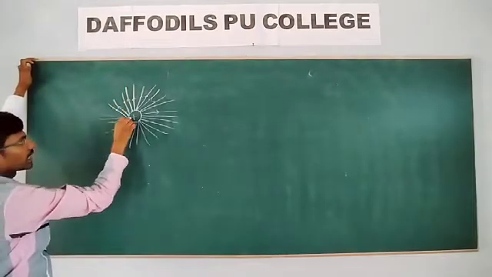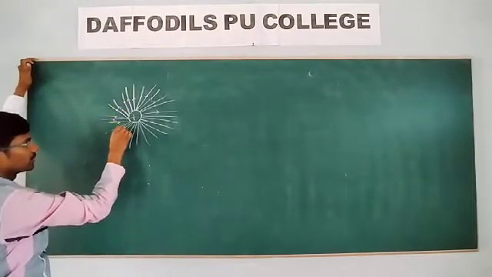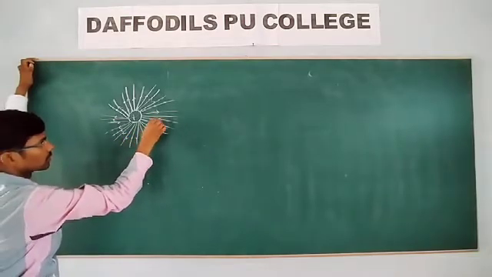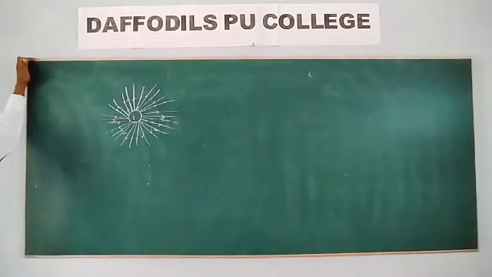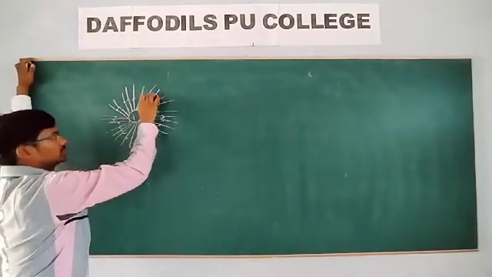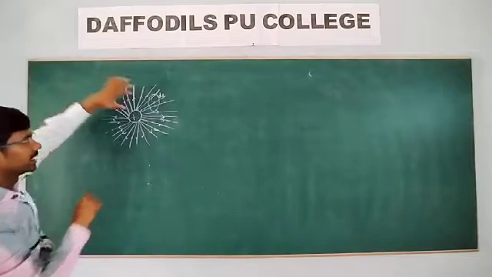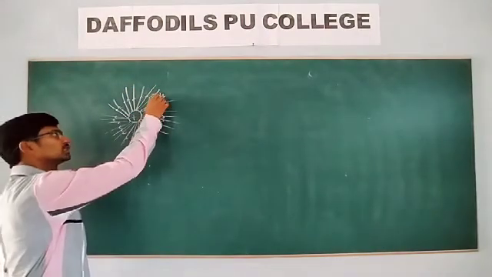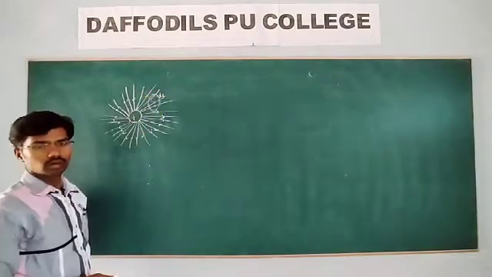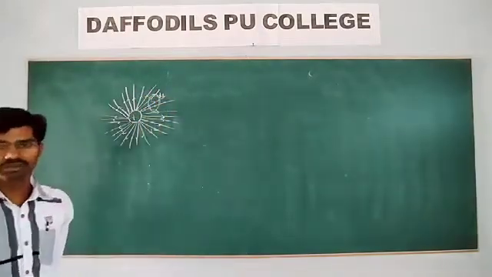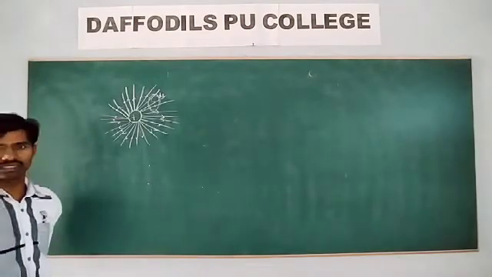Now consider a surface element. When you consider a small surface area, let me take the area of that element as ds. Look at this. How many electric field lines are passing through this given surface normally?